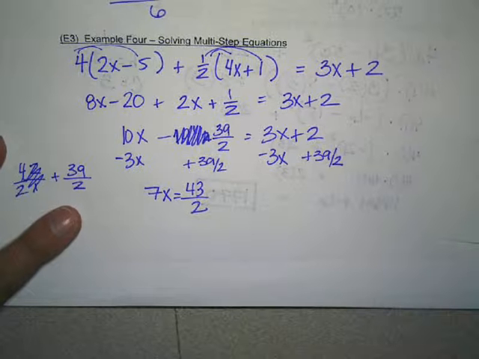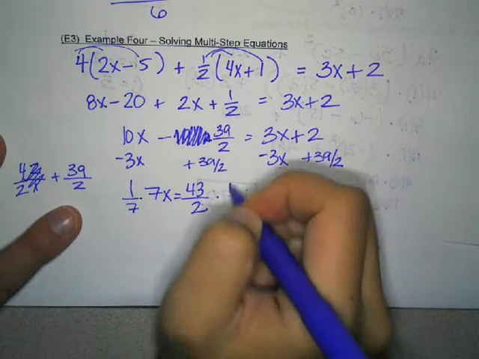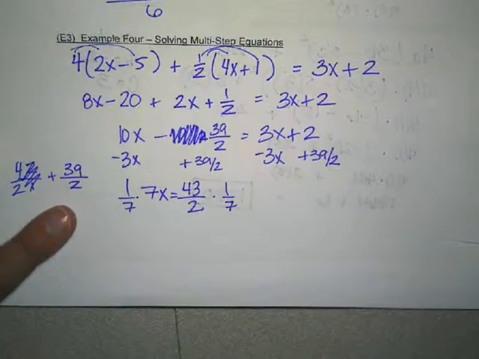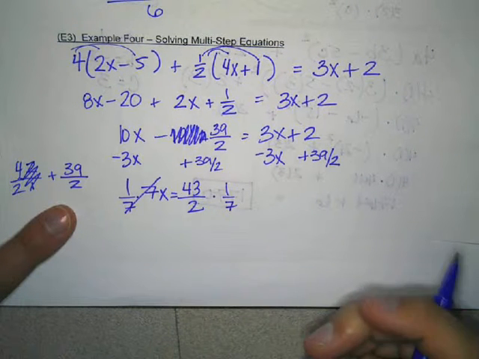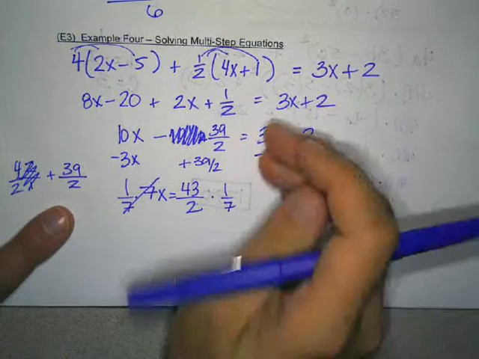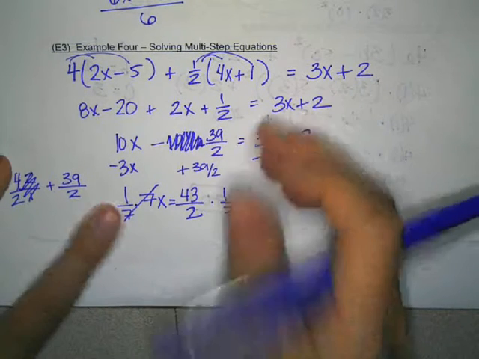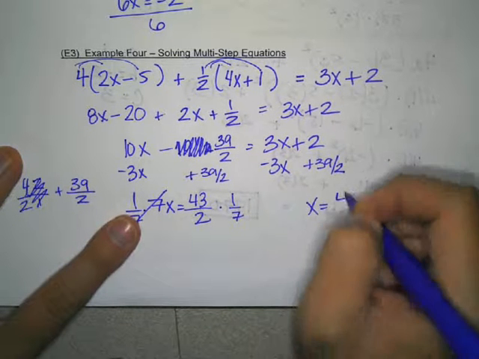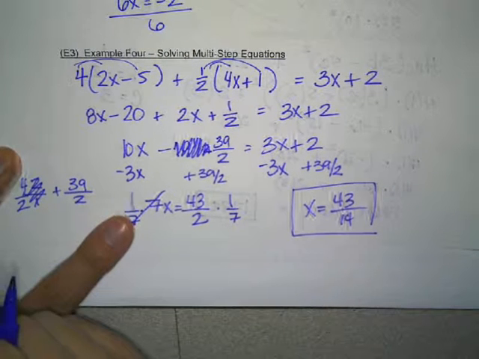If we multiply by 1 over 7, that makes a little bit more sense when we get to the right side. Technically, you're still dividing by 7, because that cancels out. But now over here, we don't have a weird fraction over a fraction. We just have two fractions we're multiplying together. So 43 halves times 1 over 7, multiply across the top and the bottom, and you get 43 over 14. And that does not reduce, so you just leave it as is.